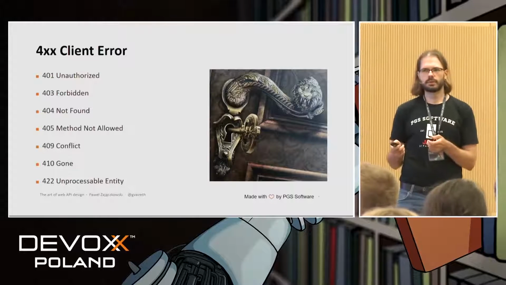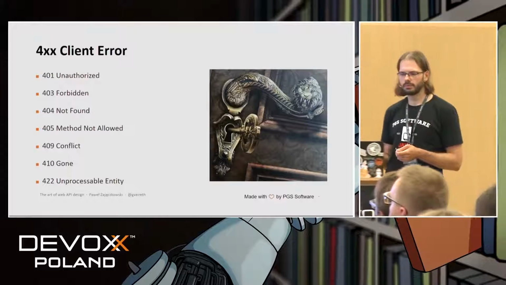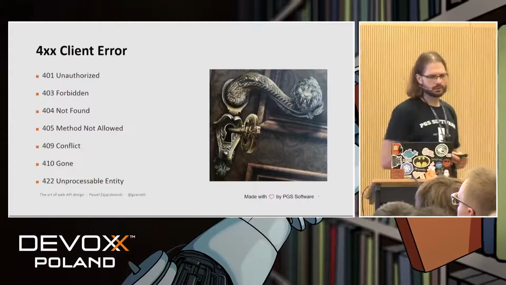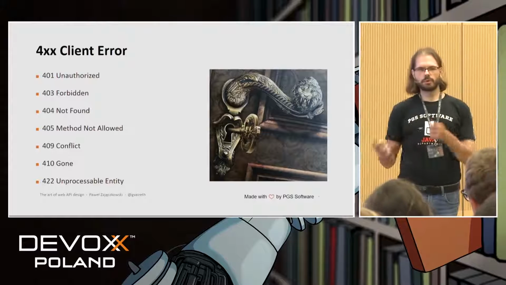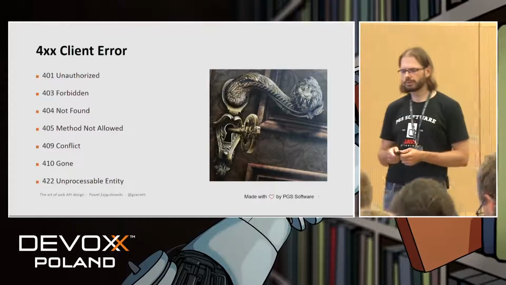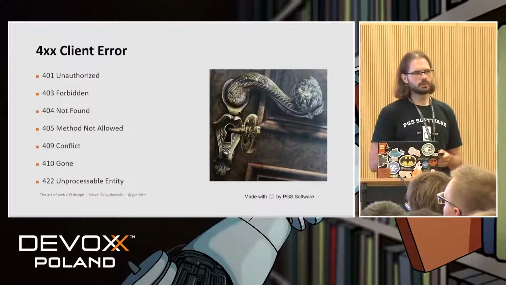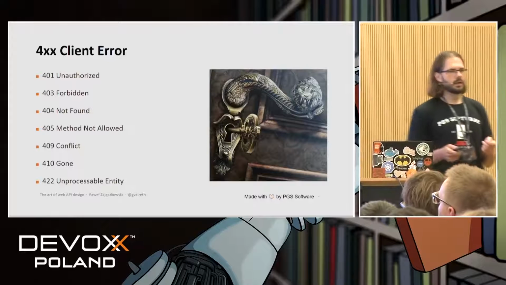the server. So, for example, AWS S3 would return that if you try to delete a bucket that has still some files in it. That's a conflict in their definition. Gone means that there was a resource, but it is not anymore, and it's a permanent situation. And 422, unprocessable entity, is basically kind of bad request, but on a higher level of abstraction.